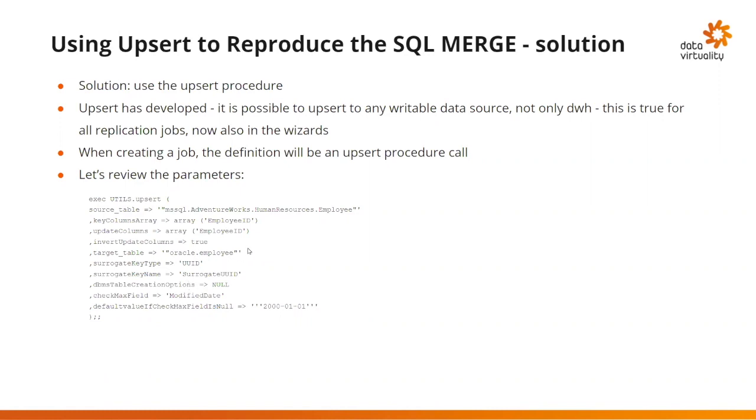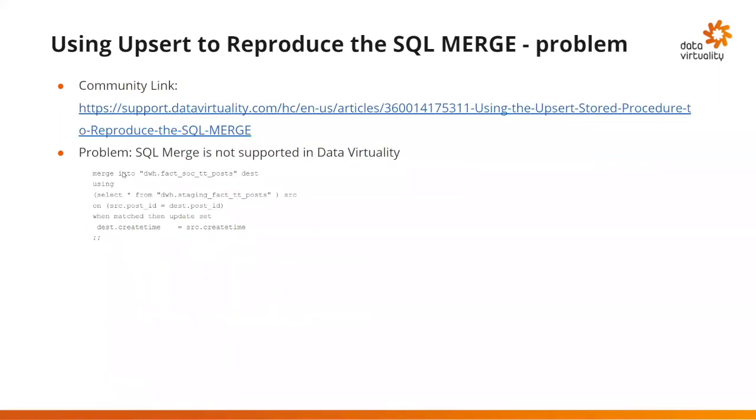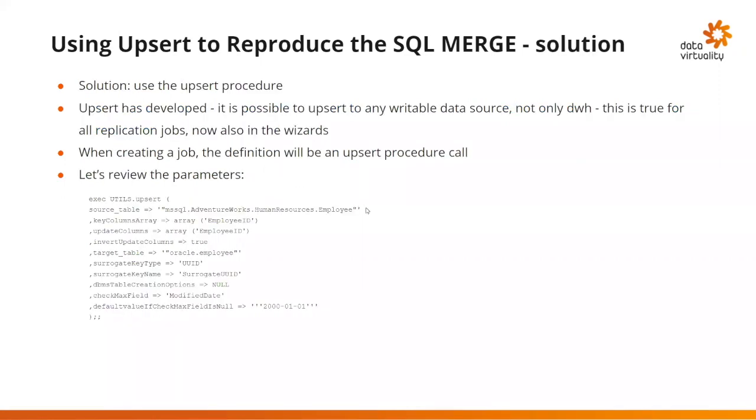All right, so you can simply use this exec utils.upsert instead of the merge statement. And our clients have been successfully implementing their merge into statements with that. Yeah, so there's not much more to show here. Are there any questions, Carlos?